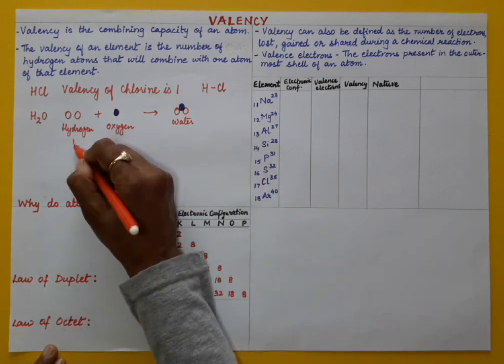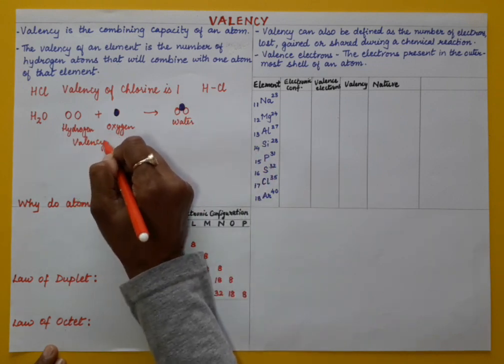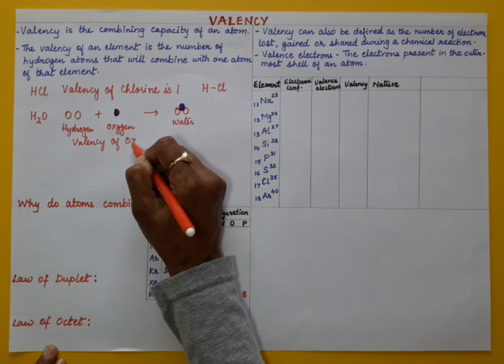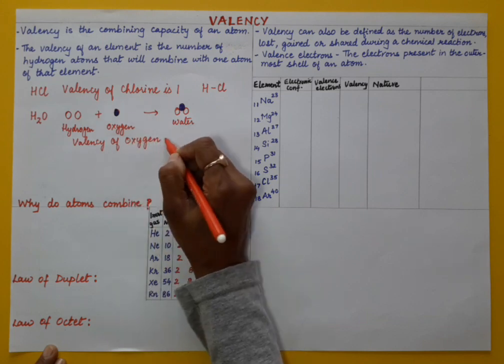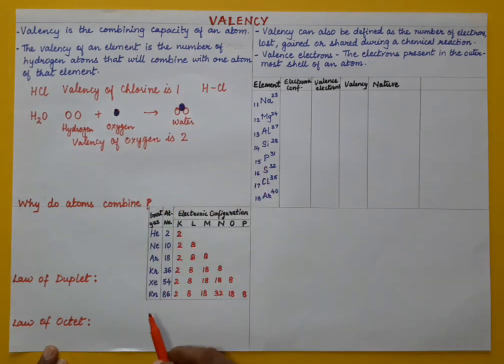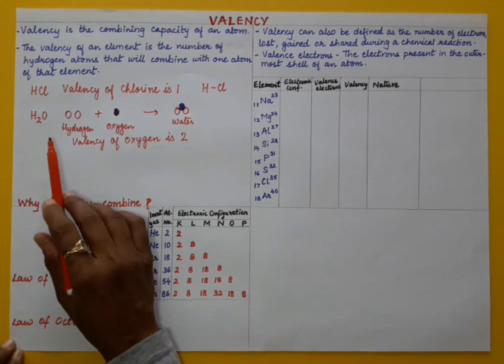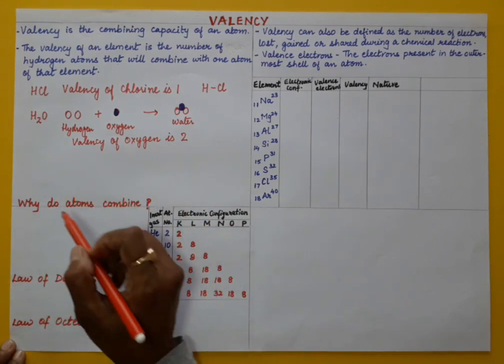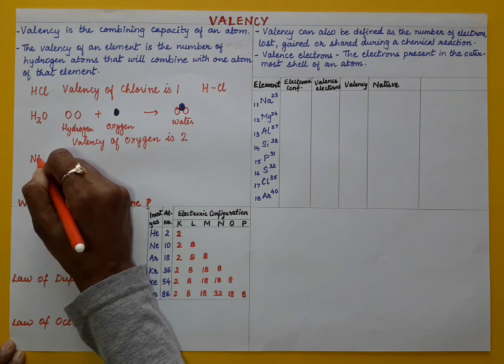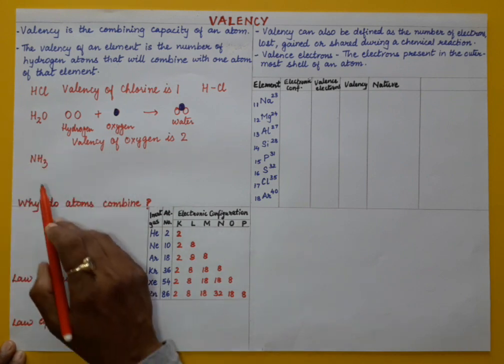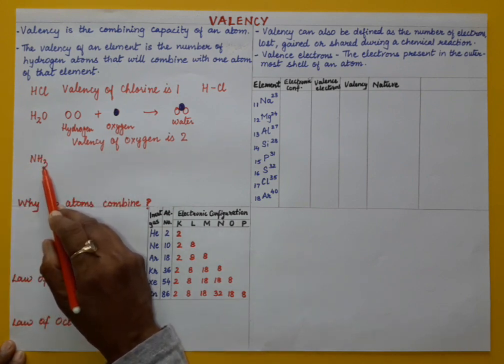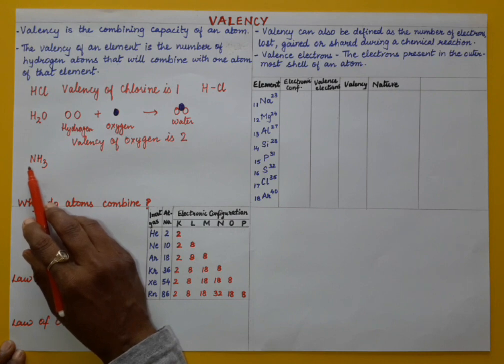So valency of oxygen is 2, right? So in this manner we can find out the valency. Now let us take another example, that is ammonia. Ammonia is NH3. 3 atoms of hydrogen combine with one atom of nitrogen.